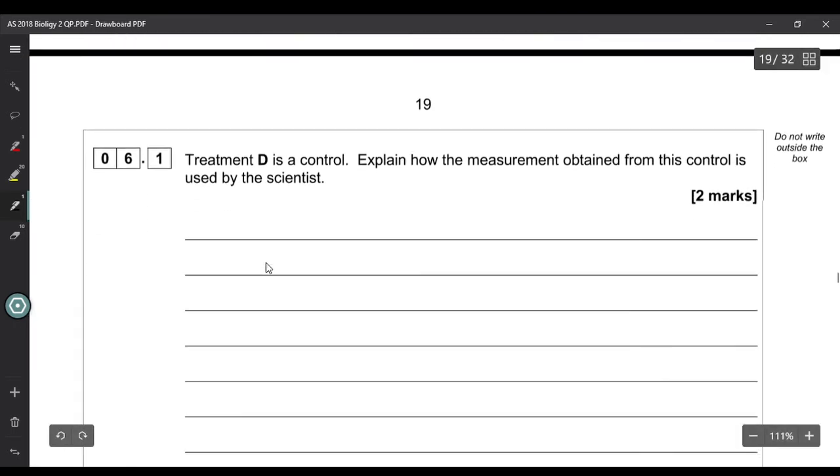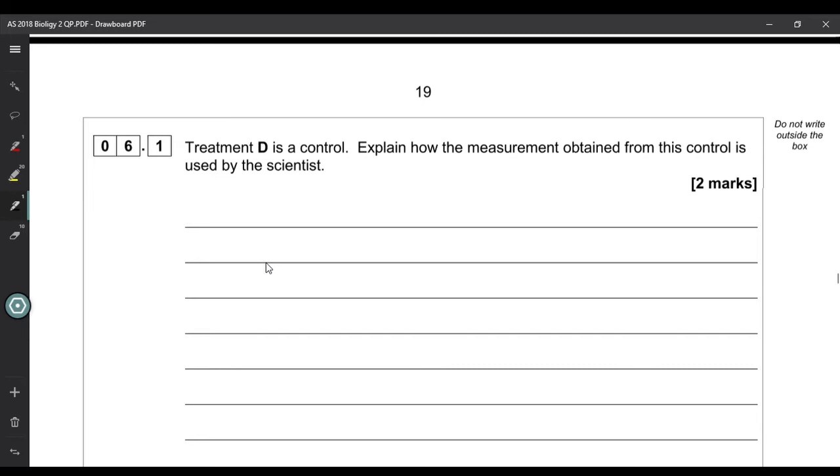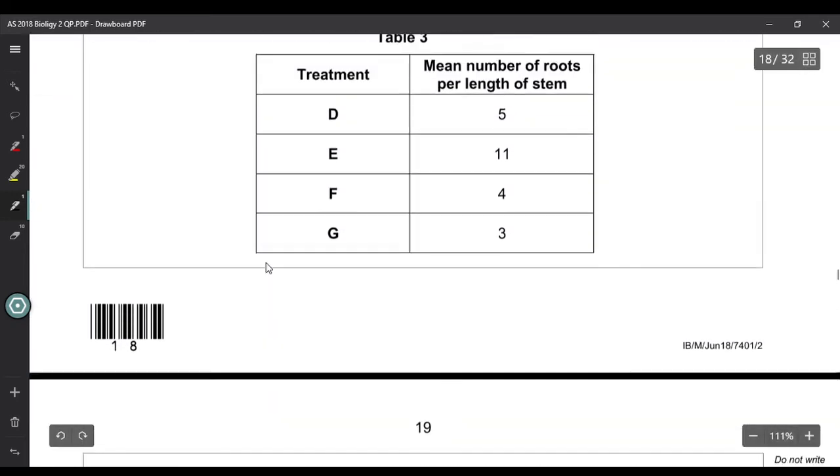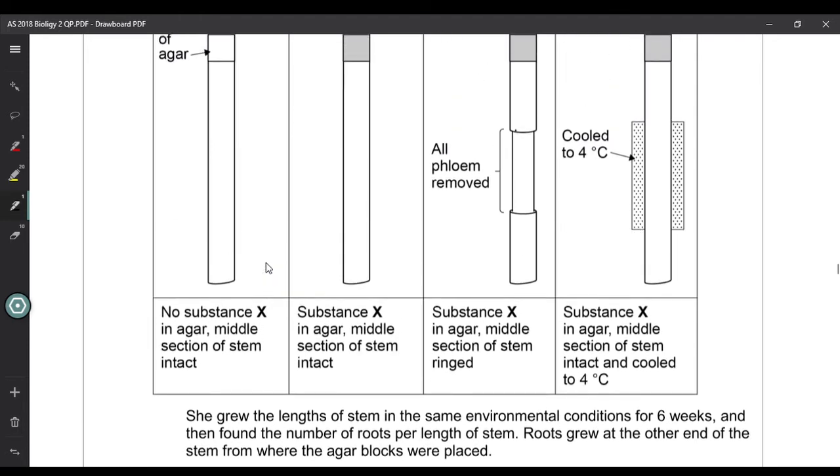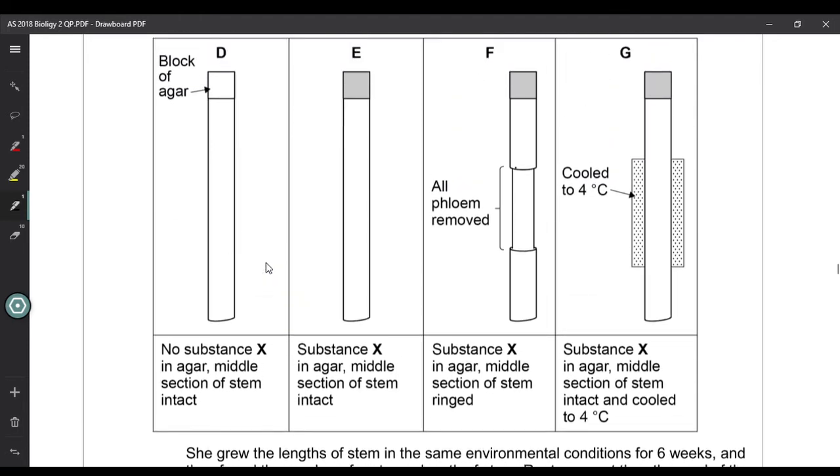So part 1 says treatment D is a control. Explain how the measurement obtained from this control is used by the scientist. So if we have a look at what D is, we've still got a block of agar at the top, but there's no substance X in the agar, and the middle section of the stem is intact.